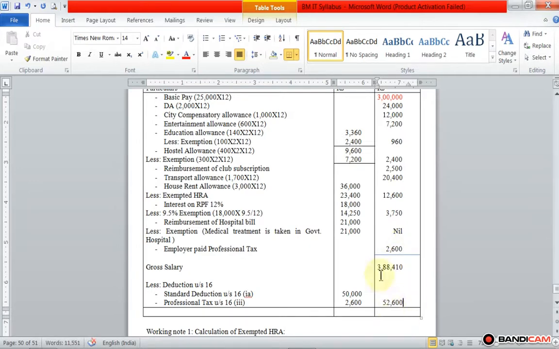Deduct these deductions from gross salary. So here we get 3,35,810 as the income from salary, that is the taxable income from salary.